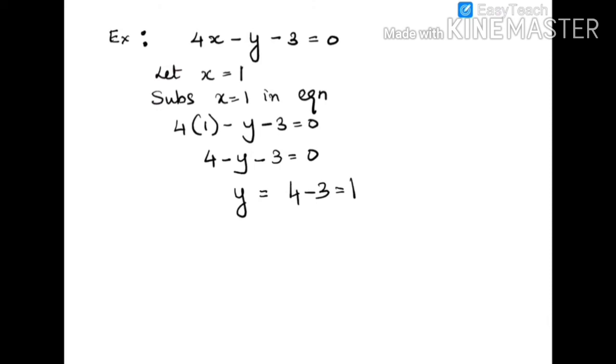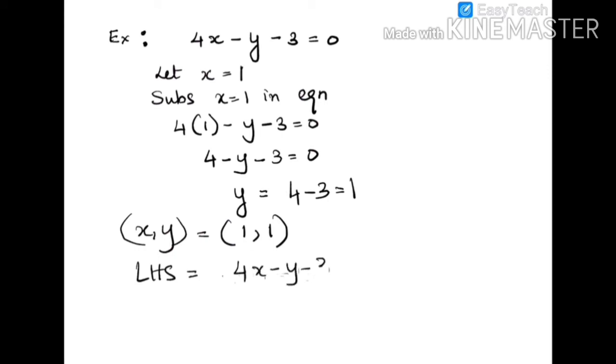So what we did was we picked a value of x and then substituted it in the equation and found the corresponding value of y. Now let's check whether this ordered pair 1 comma 1 is a solution of this equation or not. So left hand side of the equation is 4x minus y minus 3, that is equal to 4 times 1.